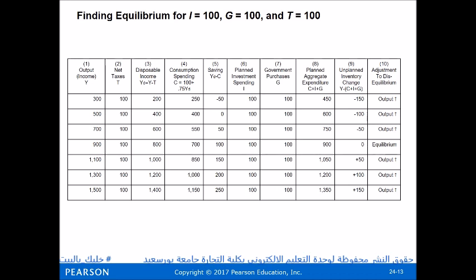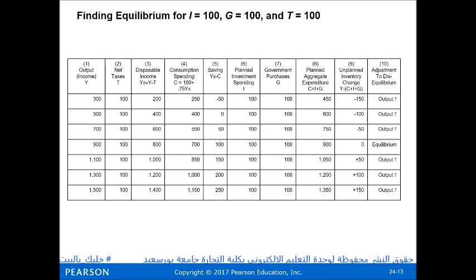Column 3 shows disposable income, and it is easy to find disposable income associated with each level of before tax income Y. So YD can be obtained by subtracting T from Y. For example, at an income level of 300, the disposable income is only 200.